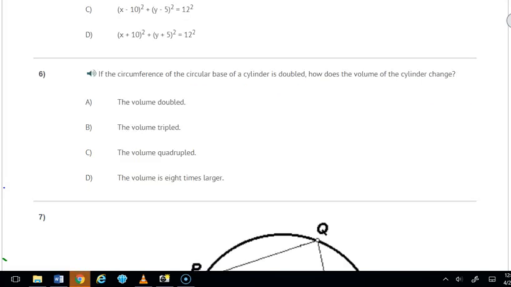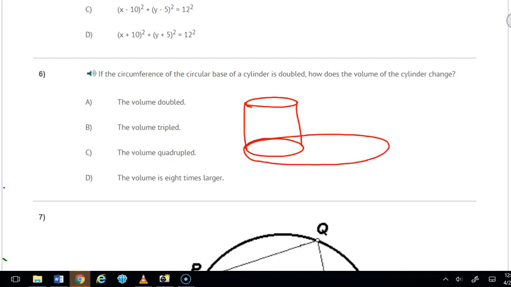Number 6 says the circumference of a circular base of a cylinder is doubled. How does the volume of the cylinder change? So let's go ahead and draw a cylinder with a circular base. And then it says that this doubles. So let's just say it doubles.